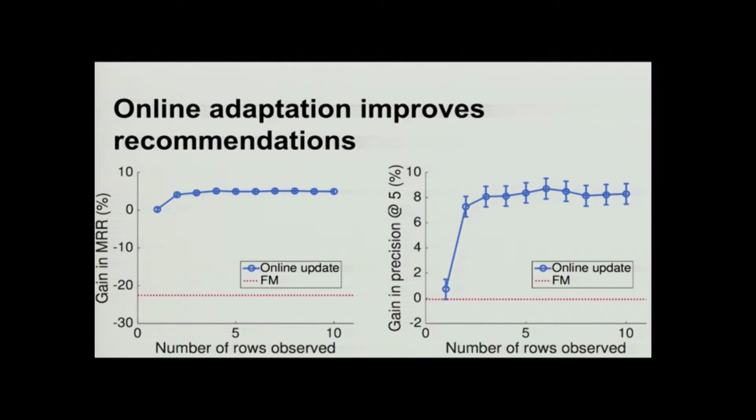What we see is that online adaptation actually helps our recommendations a lot. The more interactions we observe on the page, the more we are able to improve our recommendations. Interestingly, even with only interactions from 2 rows, we are already able to observe significant improvement.